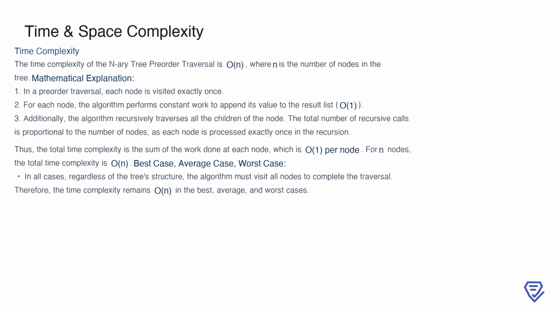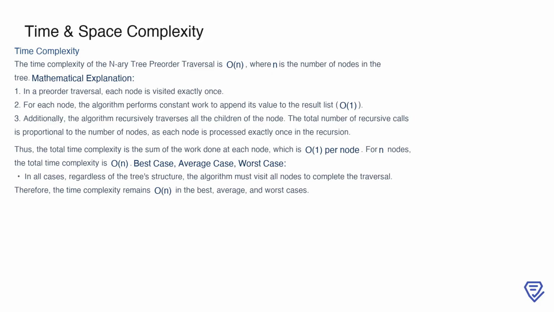The time complexity of an N-ary tree preorder traversal is O(n), where n represents the total number of nodes in the tree. This is because during the traversal, each node is visited exactly once. For every node, the algorithm performs a constant amount of work to append its value to the result list, which is O(1).